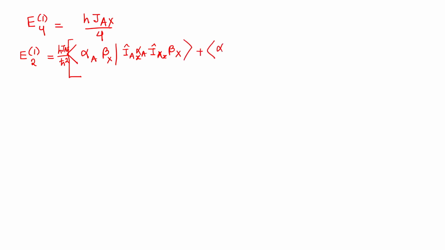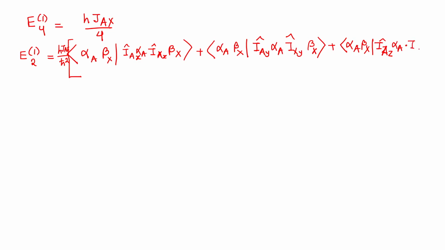And then alpha A beta X, I_A^y is going to operate on alpha A, I_X^y is going to operate on beta X, then I_A^z is going to operate on alpha A, and I_X^z is going to operate on beta X.